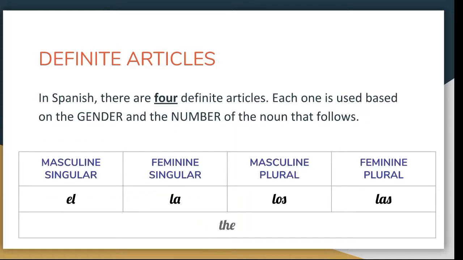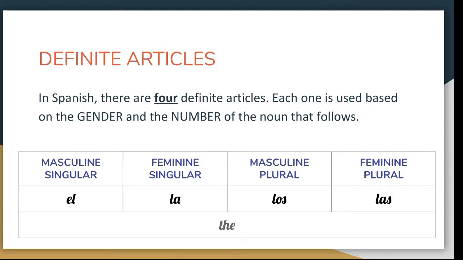Now in Spanish, there are 4 definite articles, and each one is used based on the gender and the number of the noun that it follows. Whereas in English, it's just one word, the, in Spanish, there are 4 different words, and they're based on the gender, whether it's masculine or feminine, or the number, whether it's singular or plural.